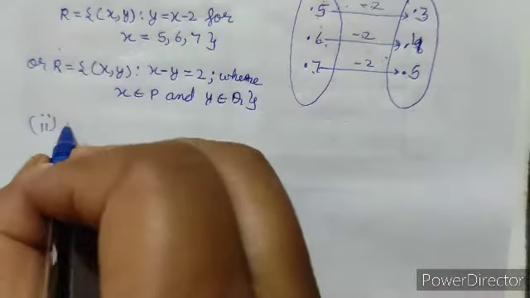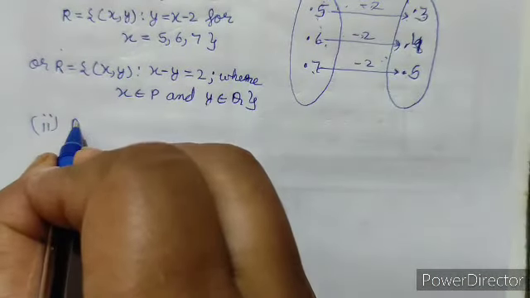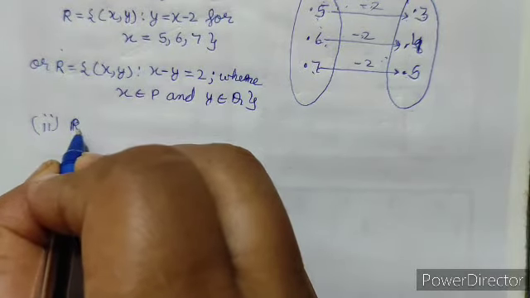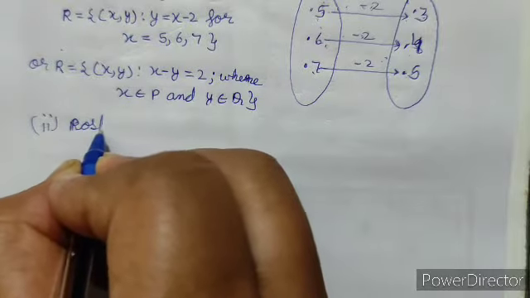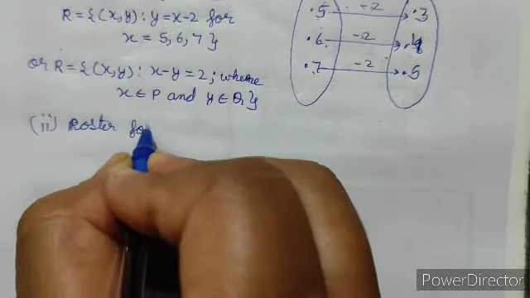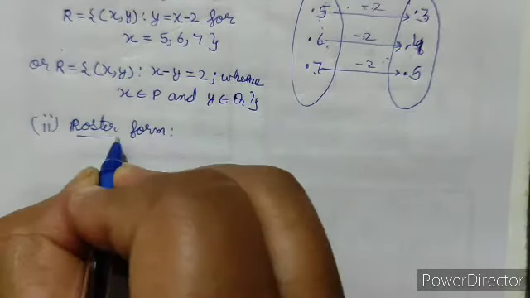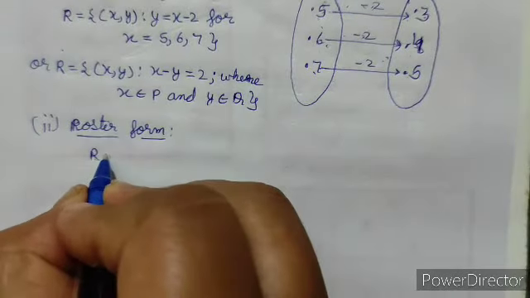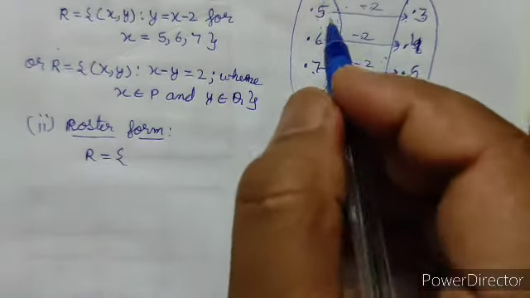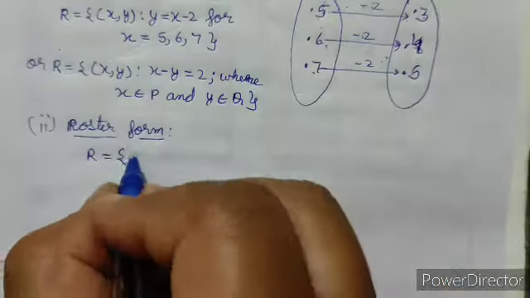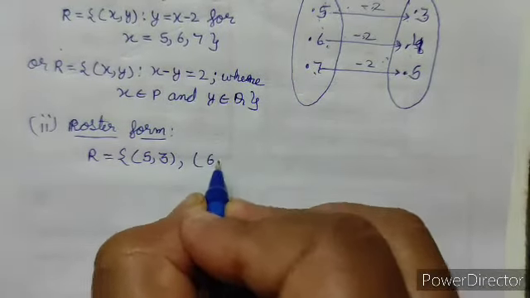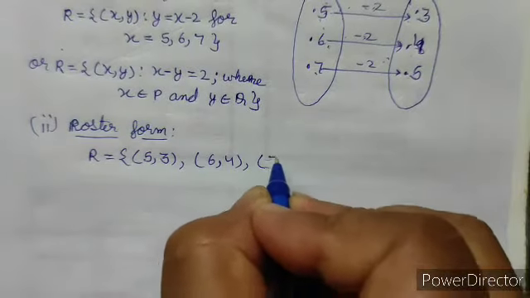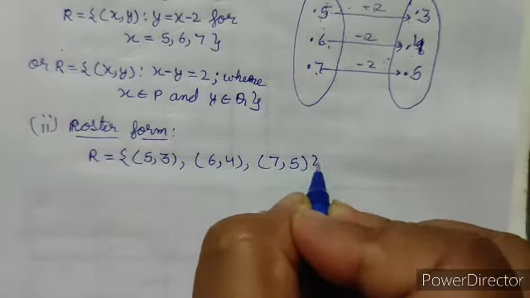Now in the second part we have to write it in roster form. This relation in roster form will be R equal to, first ordered pair 5, 3, second 6, 4, and last 7, 5.